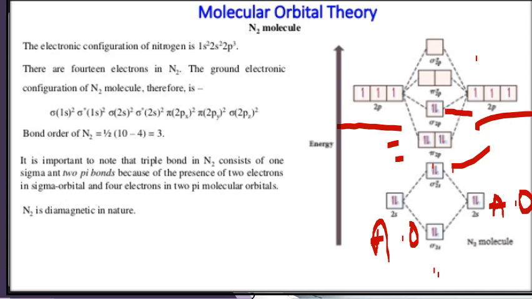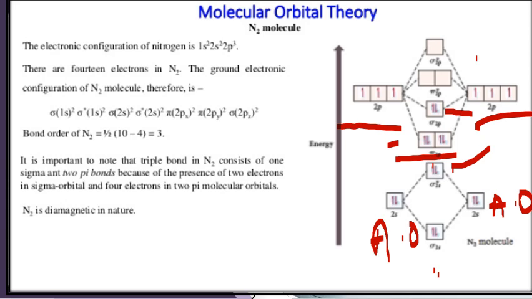As you can see here, right? Out of 6, 4 are accommodated, 2 are left. They will occupy the σ2px to form a sigma bond. Anti-bonding orbitals will remain empty as none of the electrons are left to be placed there, right?